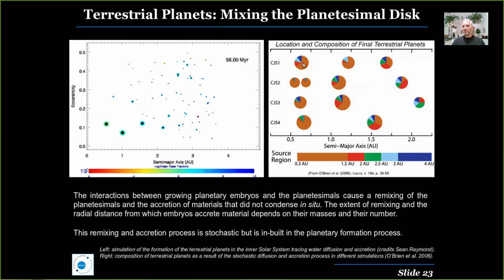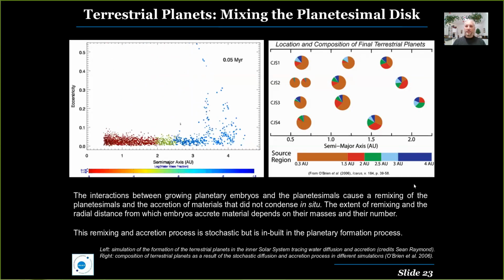Already you can see that the process is random and stochastic because the number of planets is not constant, and the mass of the planets at the end of the simulation is not constant either, nor the distance. But you can also see that the final planets have very different compositions from one case to the other. And they all include a mix of material that comes from the different regions.